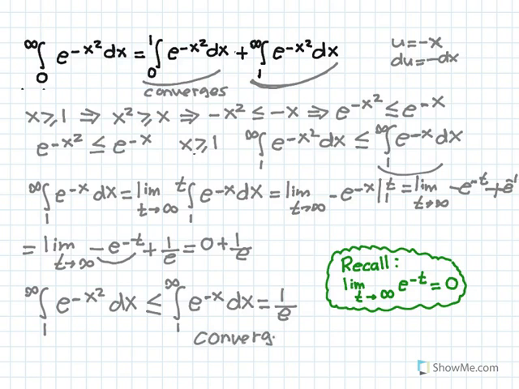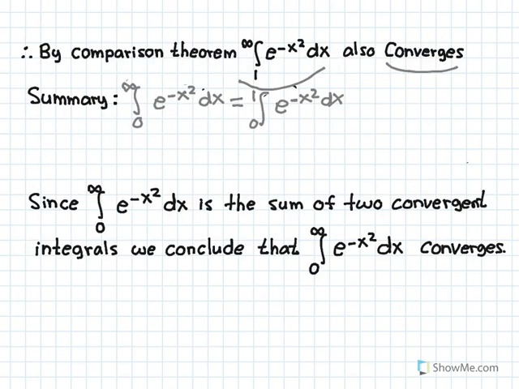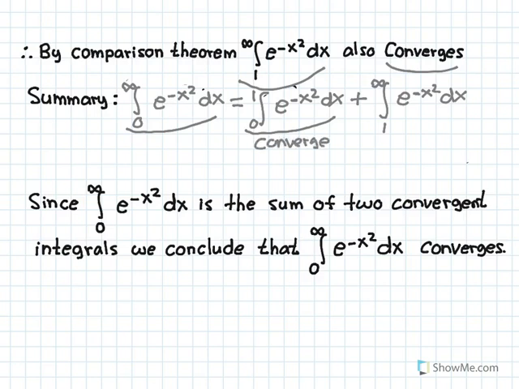And by the comparison theorem, the integral from 1 to infinity of e to the minus x squared dx converges. Splitting into the sum of two separate integrals, the integral from 0 to infinity of e to the minus x squared dx is equal to the integral from 0 to 1 of e to the minus x squared dx plus the integral from 1 to infinity of e to the minus x squared dx. The first integral, we proved it converges. And the second integral, we applied the comparison theorem, and this also converges.